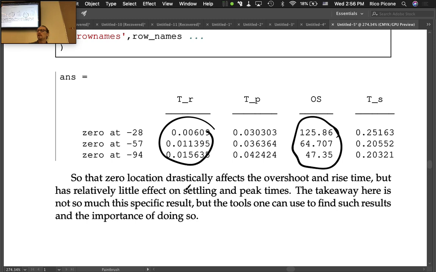So this is a cautionary tale that once you leave the analytic approximation zone, we can't really trust those predictions, and it gives you also tools for evaluating what the actual performance characteristics are. So being able to use lsim, step, tf, stepinfo, these are things that you guys are going to need to be able to do to evaluate your performance criteria.